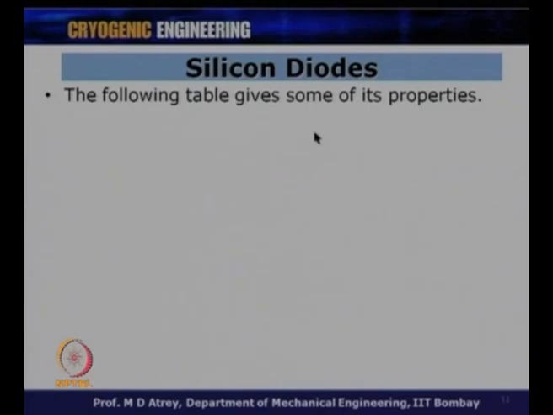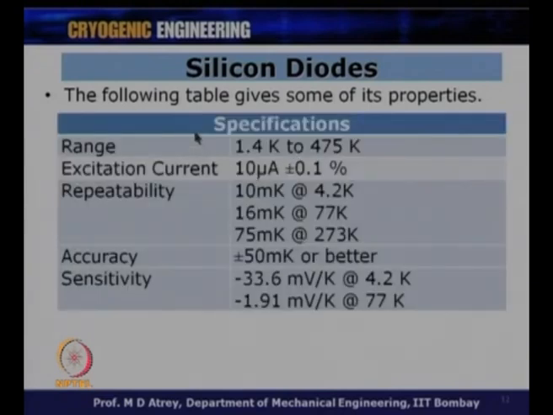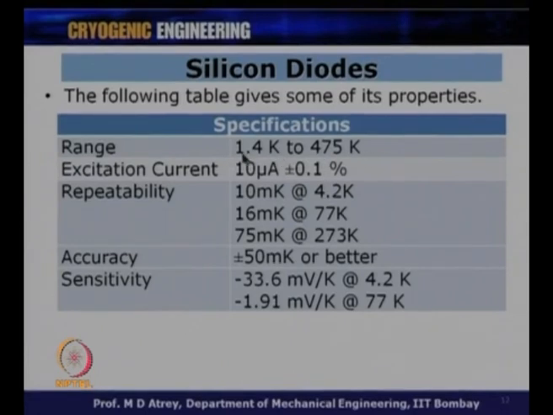The following table gives some of its properties. You can see that the range for which the silicon diodes are used is 1.4 Kelvin to 475 Kelvin. So, quite low temperature, you can come almost close to 1 Kelvin and you can go up to 475 Kelvin while using silicon diode. The excitation current is 10 microamps, which is a very small current.